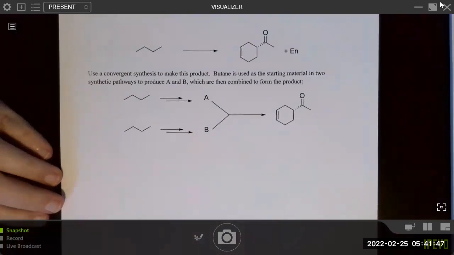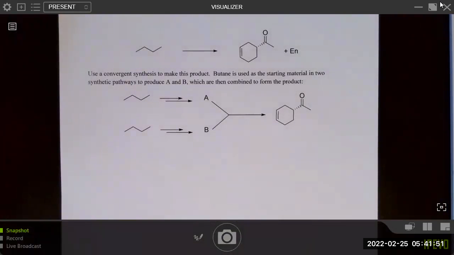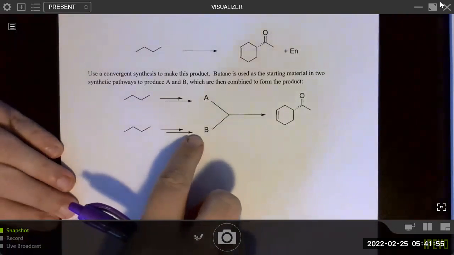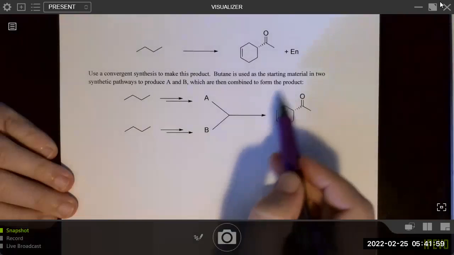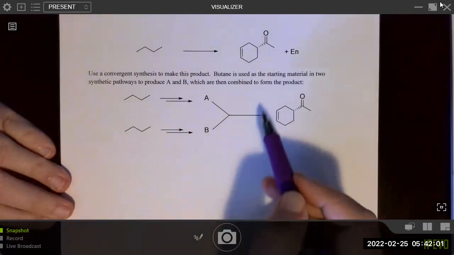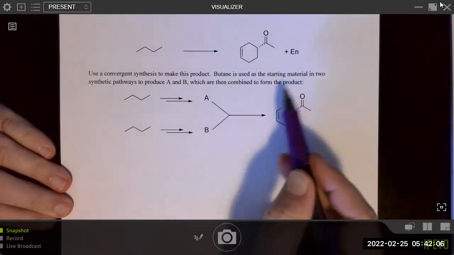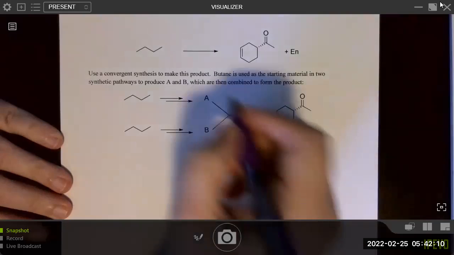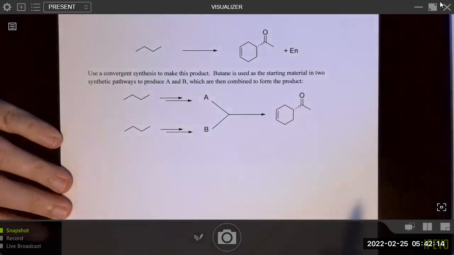Next, this one talks about using a convergent synthesis. The idea is that we can make two different components and then react those together to make a product. So if we think about the retro Diels-Alder reaction, how we can go back to the reactants and make this through a Diels-Alder reaction, perhaps one of the components was the diene and the other one is the dienophile.